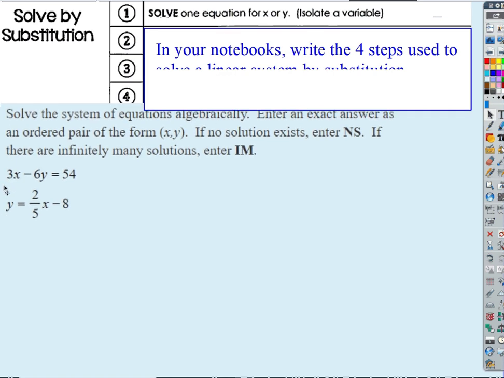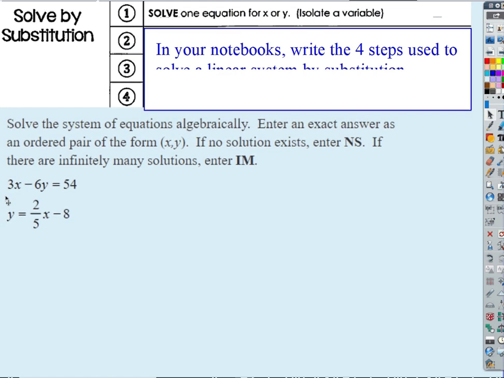And I know that doesn't seem like a big deal, and it's probably not, but I really do believe it helps. And I watch people all day long, I watch people doing board work. If they remember to put a box around this, they typically don't make as many mistakes. They know right where to go. Okay, so that's my first step. I've isolated a variable. What's next?